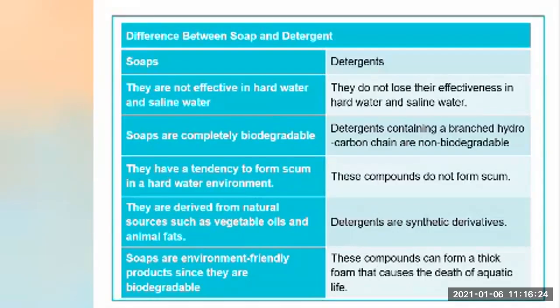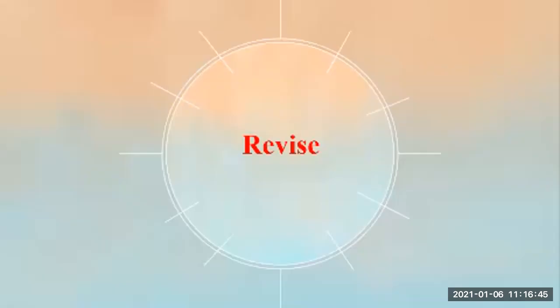Aquatic life also gets affected with the help of these detergents. Hence it is harmful, it is not eco-friendly, it is not biodegradable. Okay, so this is the difference between soaps and detergents which we have seen. Now we'll revise all these things with the help of a beautiful video, students.